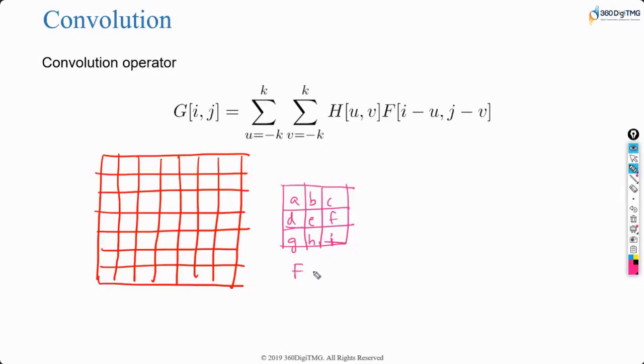This is f of i comma j. This is the input f of i comma j. And this is your filter, which is h of u comma v.